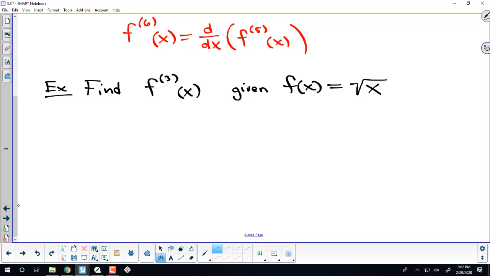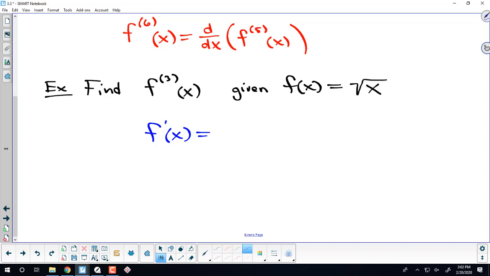You just have to go in order. You've got to find the first derivative and the second before you find the third. So the derivative f prime of the square root of x is what now? 1/2 x to the negative 1/2.